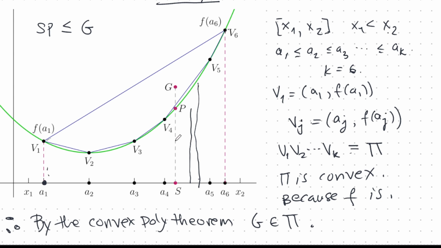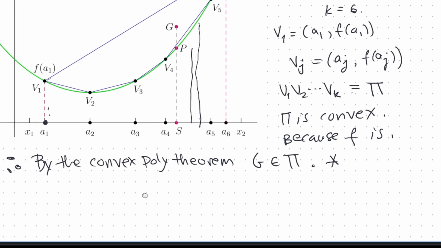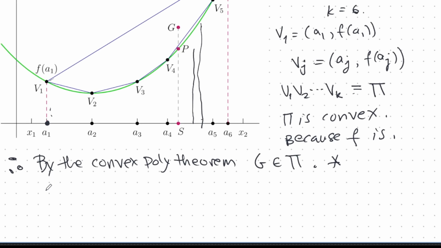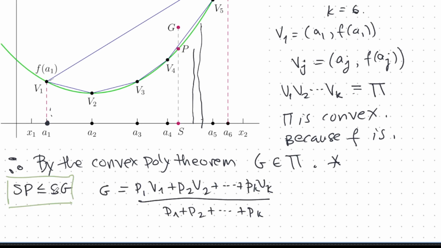But if G is below, then this is no longer true. Okay, that should be SG. So we absolutely need this theorem. We must keep G inside the polygon. And luckily, because the polygon is convex, that's always true. Okay, so let's write that down: SP less than or equal to SG.